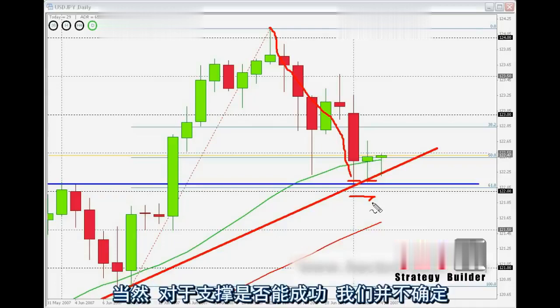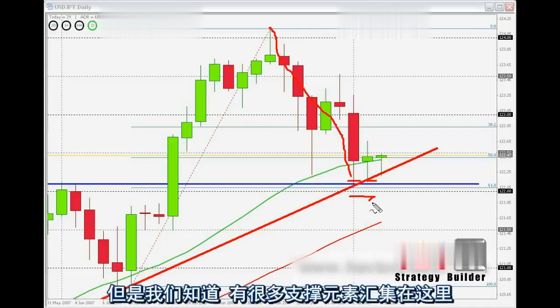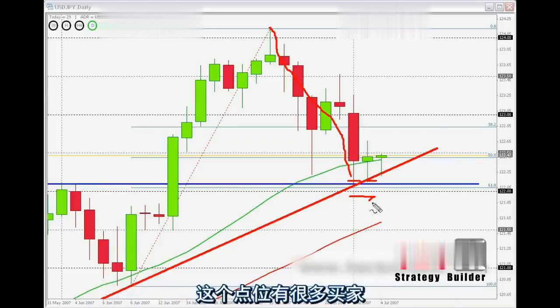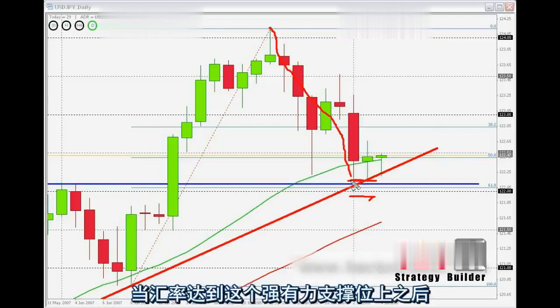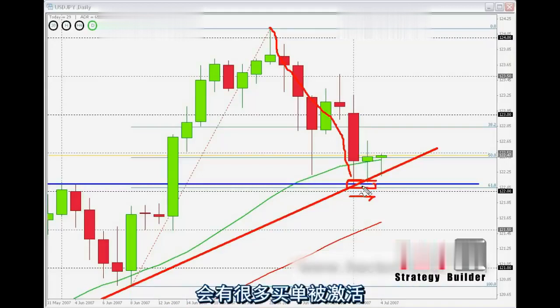Of course, we don't know whether it's going to hold the retracement, but we do know that there are plenty of elements of support at that level. There are plenty of buyers at that level. When price reaches an area of strong support, many orders are punched into the market, and price usually sees a retracement or a bounce off that level.